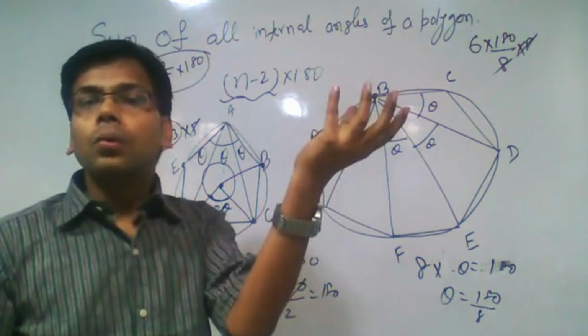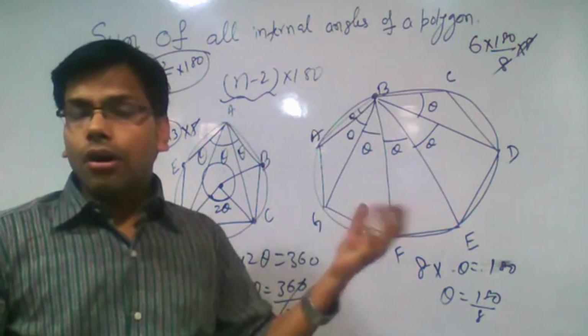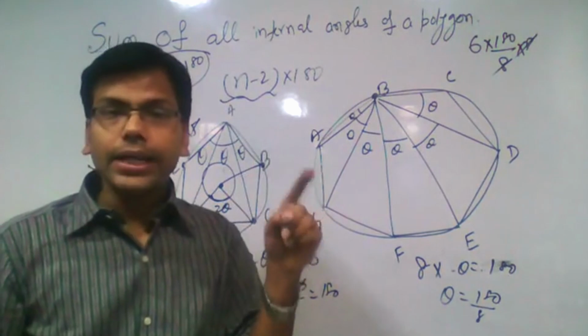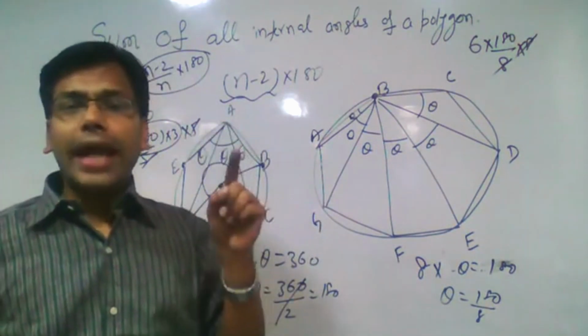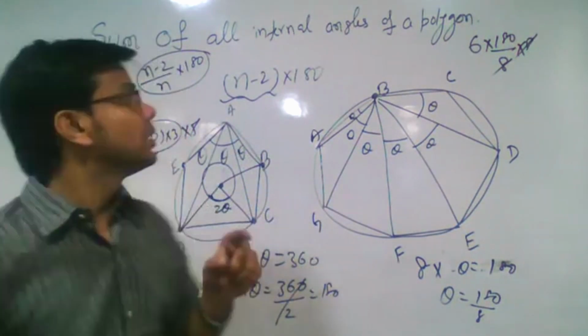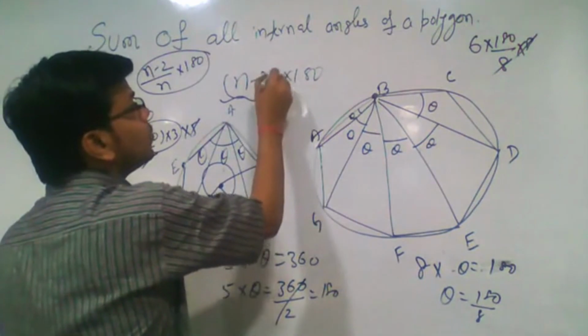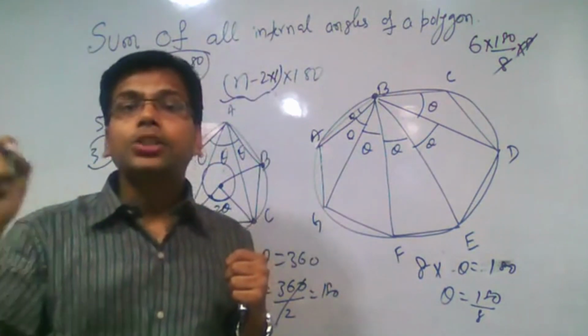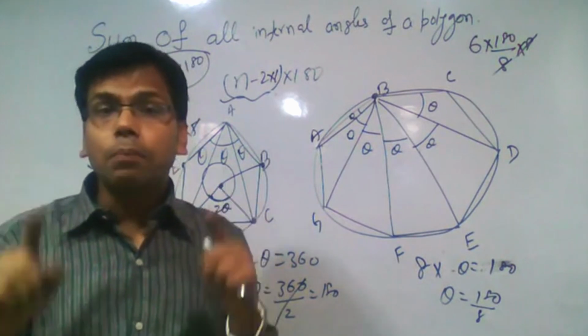Same, n minus 2 into 180 degrees for the octagon. I am rewriting this formula. The formula is not n minus 2 into 180 degrees. It is n minus 2 into 1 into 180 degrees. The formula is n minus 2 into 180 degrees because it's a polygon.